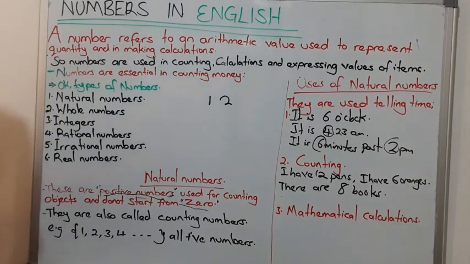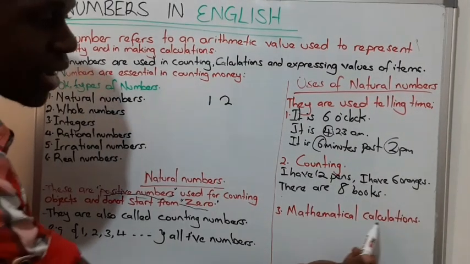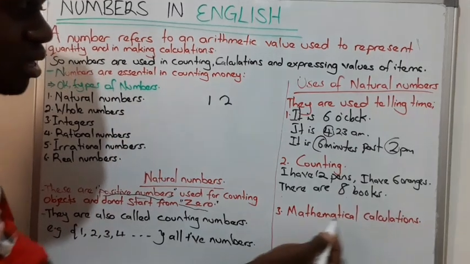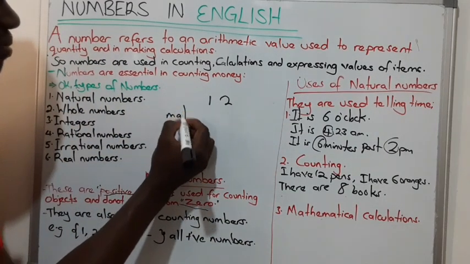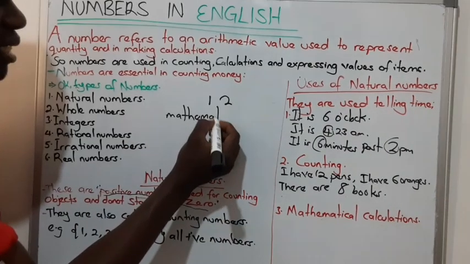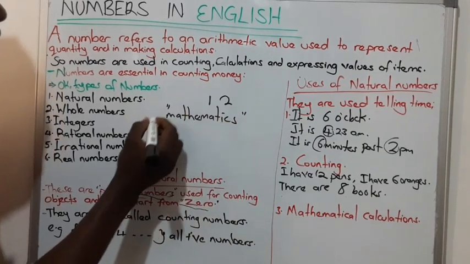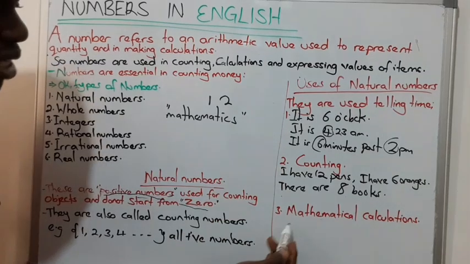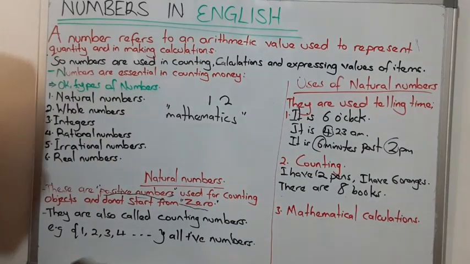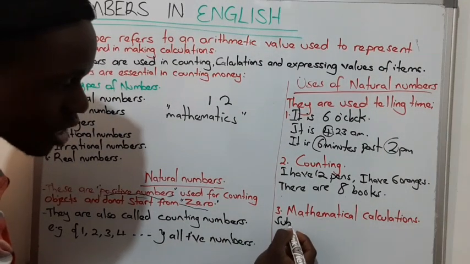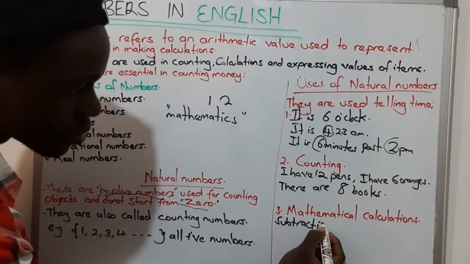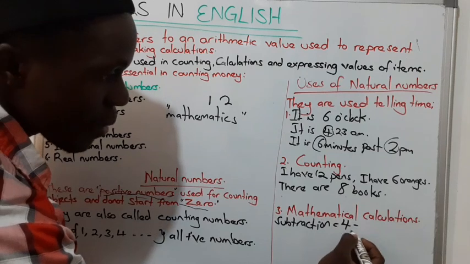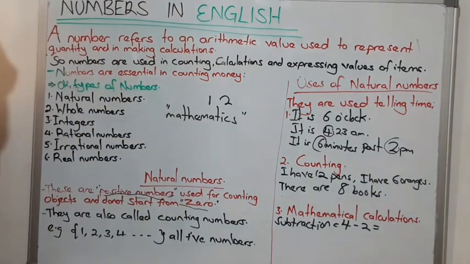Also, natural numbers are used in mathematical calculations. Mathematical comes from mathematics, which is a subject, like English. For example, under subtraction, if I say 4 minus 2, what's the answer?